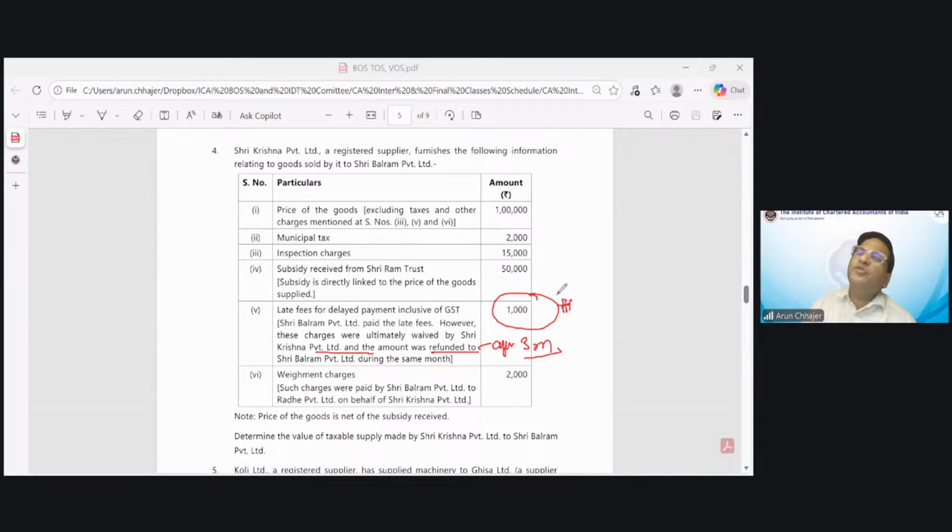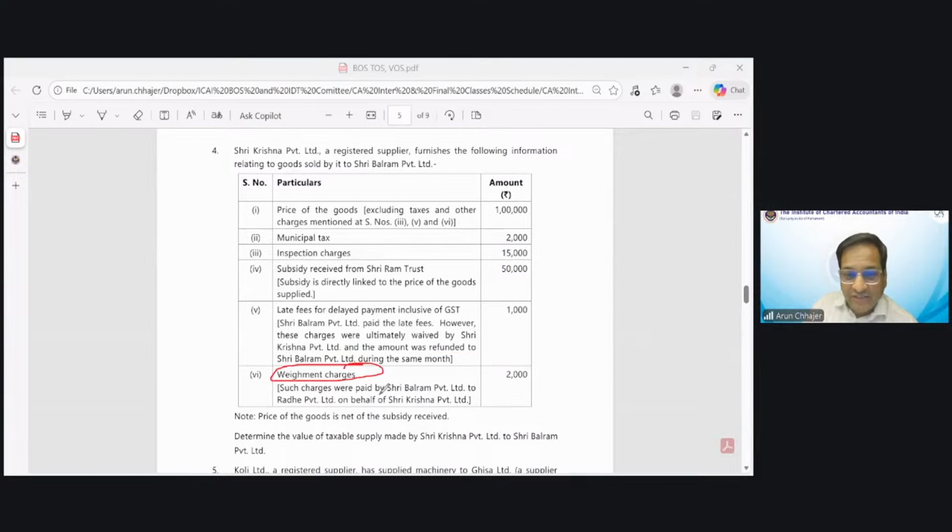Hypothetically, in the first month it will be added. In the third month, I will issue the refund voucher. Whatever the amount I have taken, if I'm refunding, I will issue the refund voucher and it will be minus in that month. If there is a month difference, it will be minus. Clear? Okay.